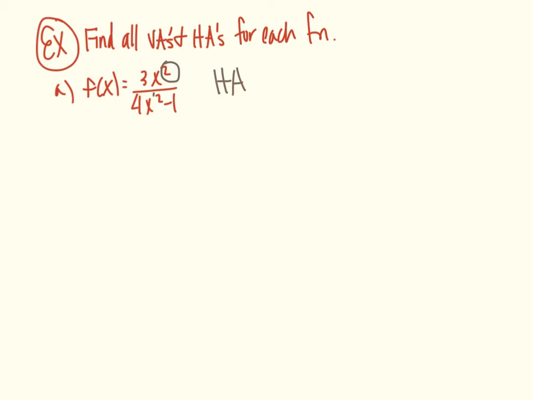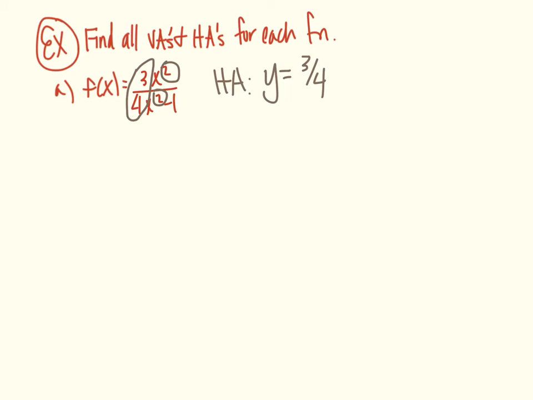Do you notice how they both have a degree of 2? And so that means my horizontal asymptote is going to be just the ratio of the coefficients. Now, a horizontal asymptote is a y equals function, because y equals would be a horizontal line. y equals 3/4. There's the horizontal asymptote.